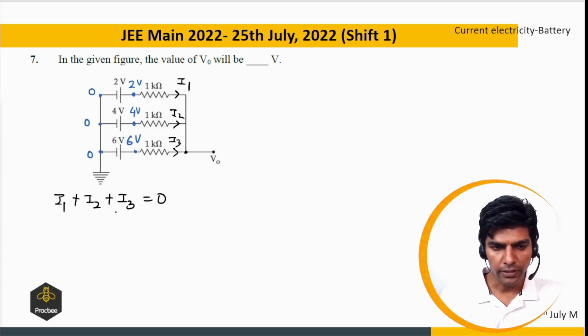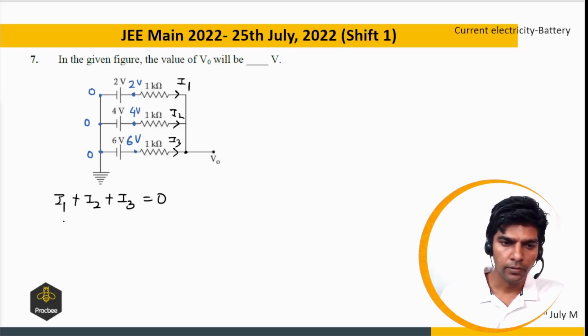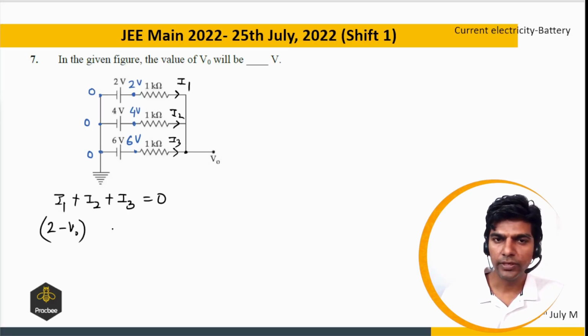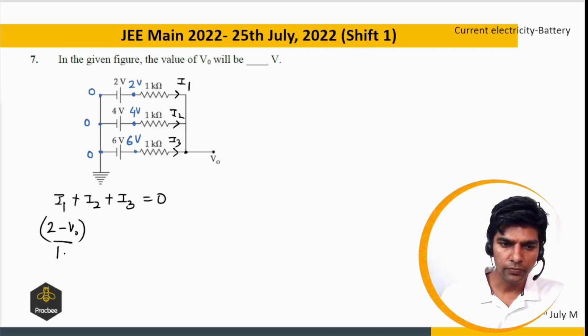So if that is the case, what is I1? I1 can be written as 2 minus V0, that is the potential difference, V by R, and resistance is 1 kilo. And I2 can be written as 4 minus V0 divided by 1 kilo.